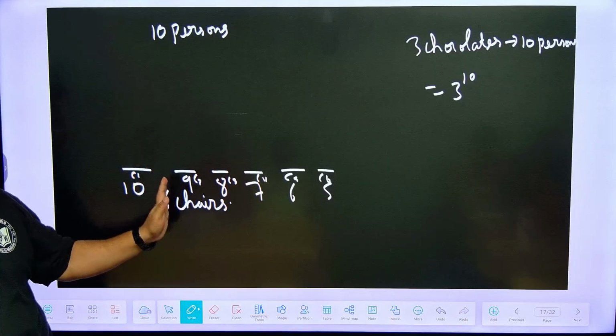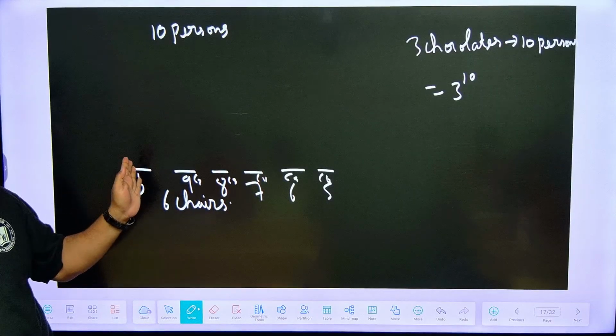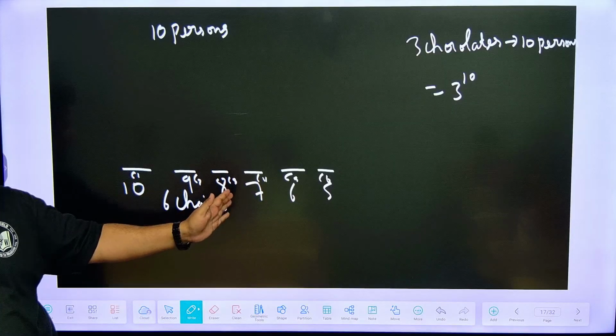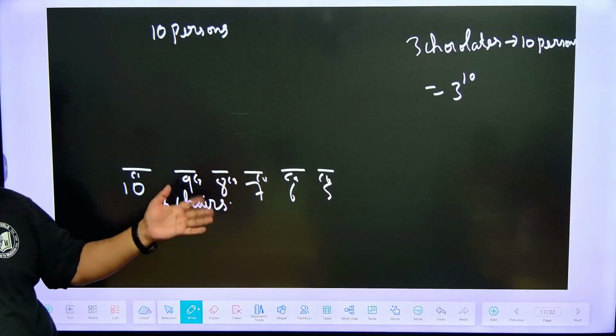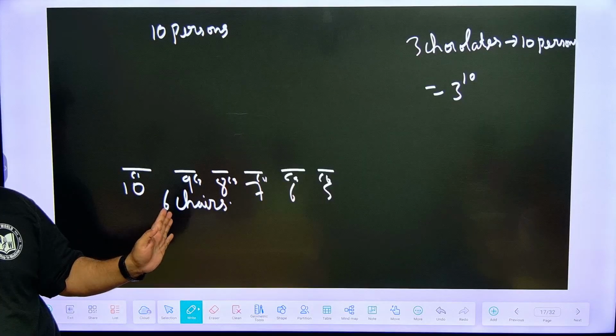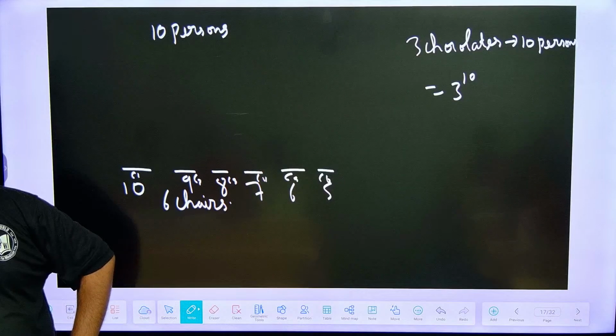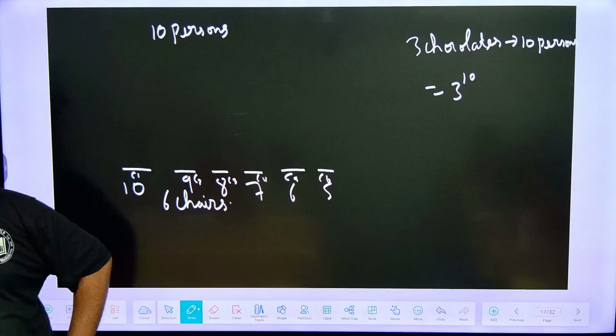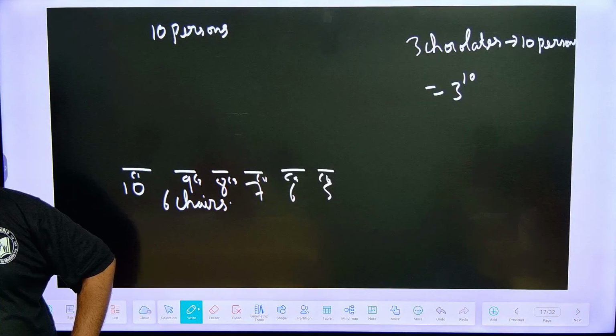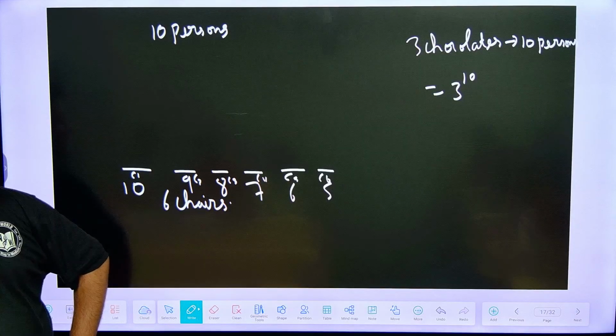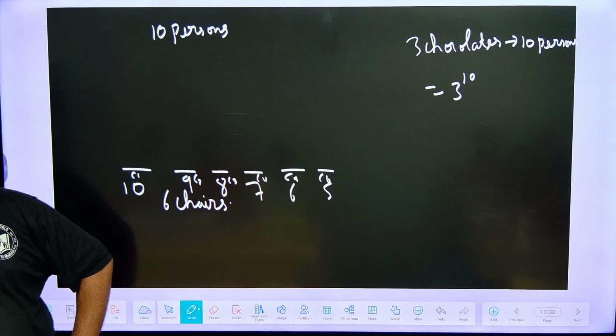For 6 chairs, if you accommodate like this, 4 persons will be left over, they will not be getting any chairs, correct? That is if you look from the chairs point of view. If you look from the 10 persons point of view, what will you do? Assume only one person sits in a chair, don't assume anything irrational, think rationally. 10 persons are there, 6 chairs are there, what will you do?